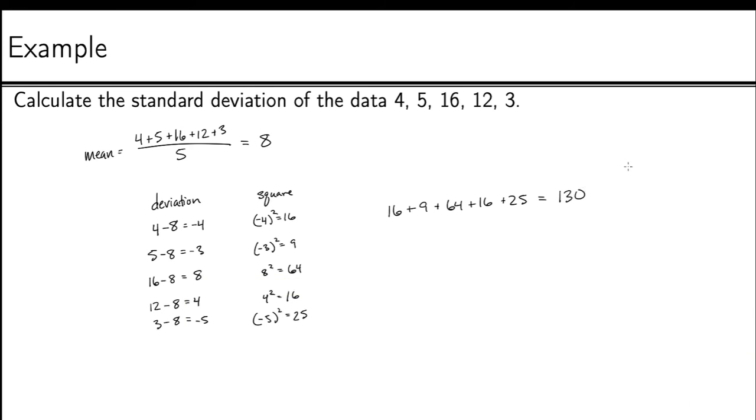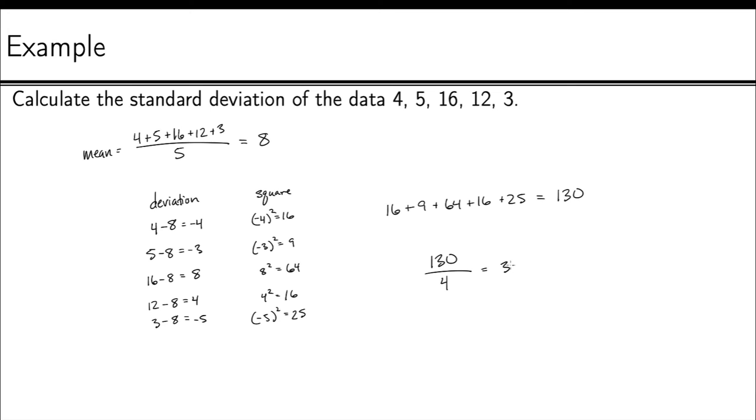Then we divide by n minus 1. n is how many things there are, which is 5, so we're going to divide by 4. You divide by 1 less than how many there were. So 130 divided by 4 is 32.5.